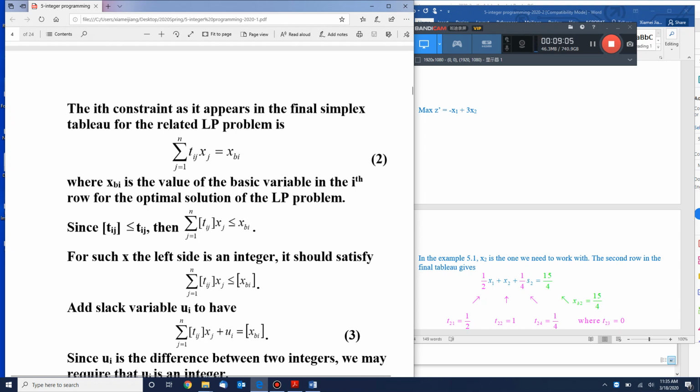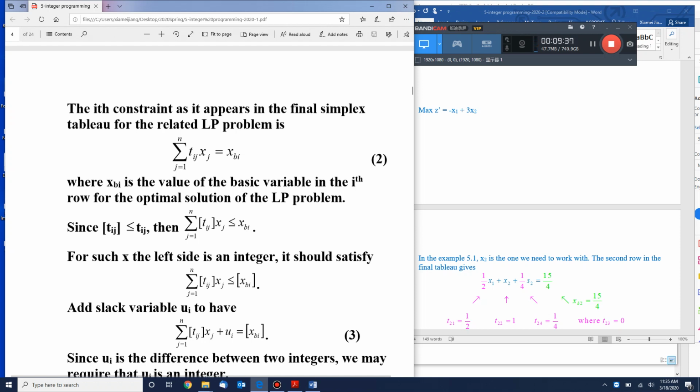If we use [tij], with square brackets, to represent the largest integer less than or equal to tij, and we replace all of these tij with it, then the equation becomes an inequality.